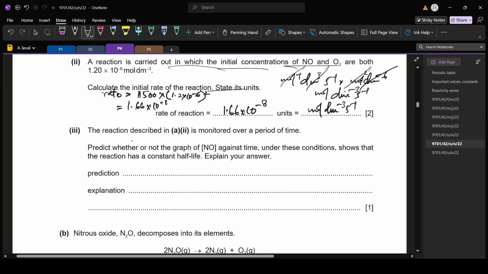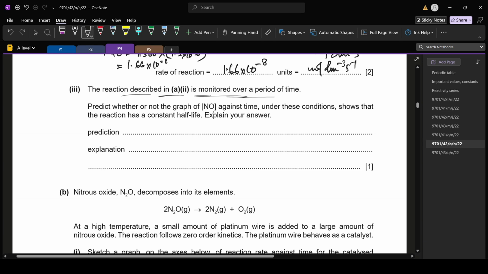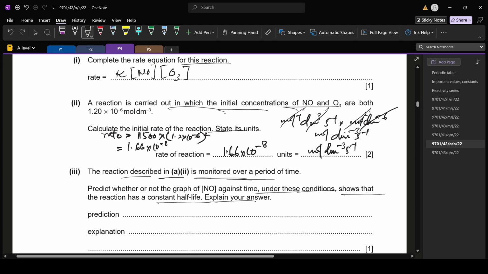The reaction described in A2 is monitored over a period of time. Predict whether or not the graph of concentration of nitrogen monoxide against time under these conditions shows that the reaction has a constant half-life. Explain your answer. This question is a little tricky.